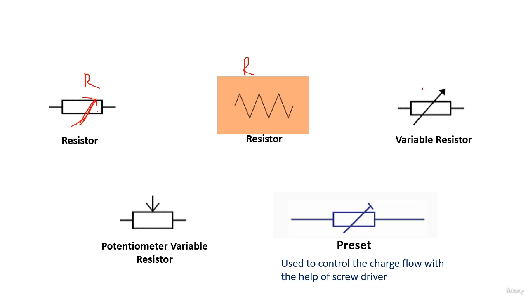So this arrow means a variable. So this is a variable resistor. We can represent it using VR. So this is a variable resistor, and this is a normal resistor.